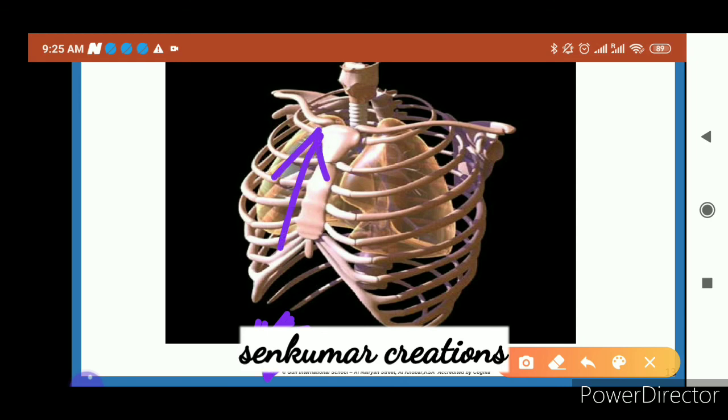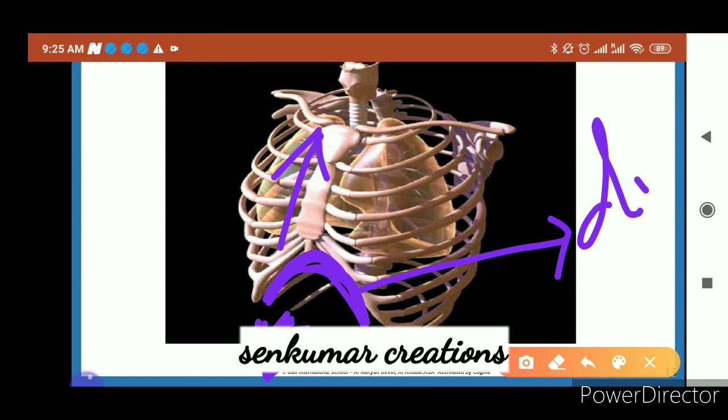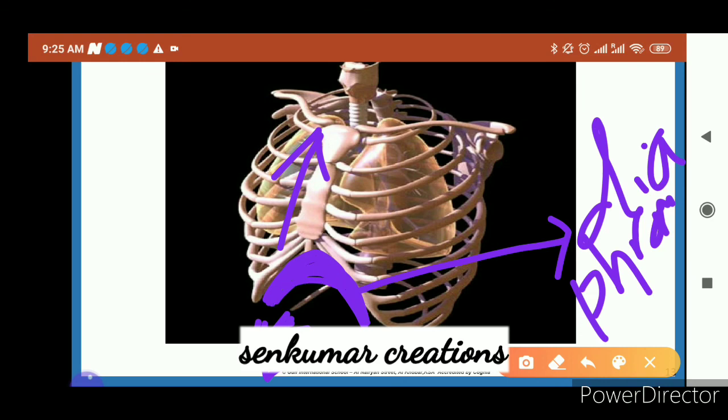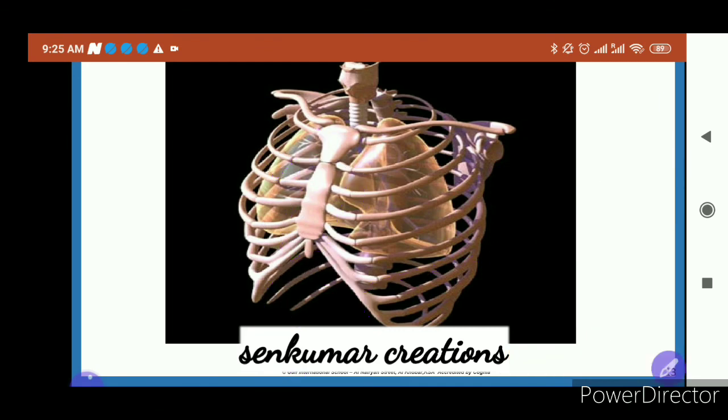In between these two regions, this area is called the diaphragm. The diaphragm separates the abdominal region and the chest part. The chest part we call the thoracic cavity.